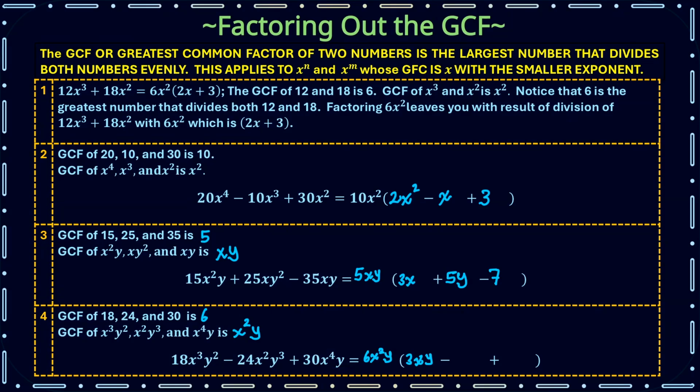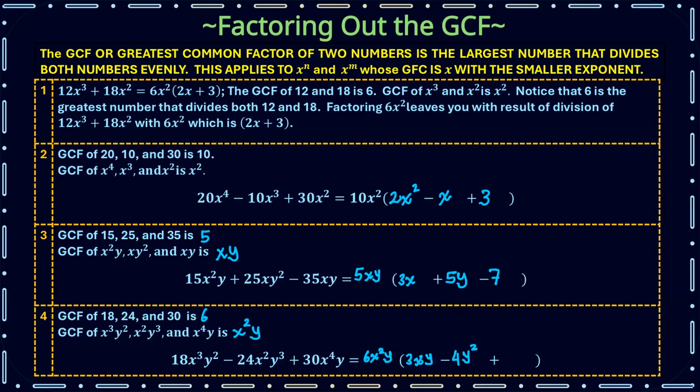For the second term, we have negative 24 divided by 6, that is negative 4. And then we have x squared divided by x squared, which is 1. You don't have to write it down. We have y cubed divided by y, that's y squared. And that takes care of the second term inside the parentheses.